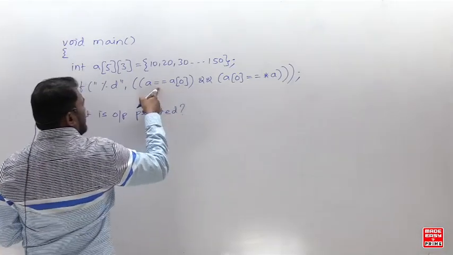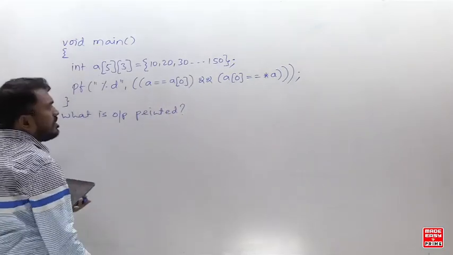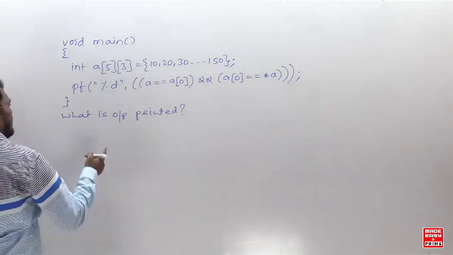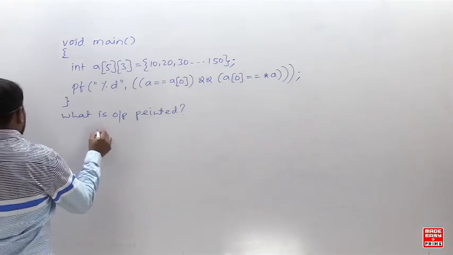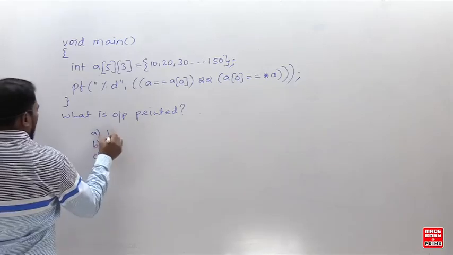Now remember, this is a conditional operator. When you are checking, it will check only with the print value. It doesn't matter what the type is. टाइप क्या है उससे मतलब नहीं होगा, प्रिंट वैल्यू से ही चेक करेगा.